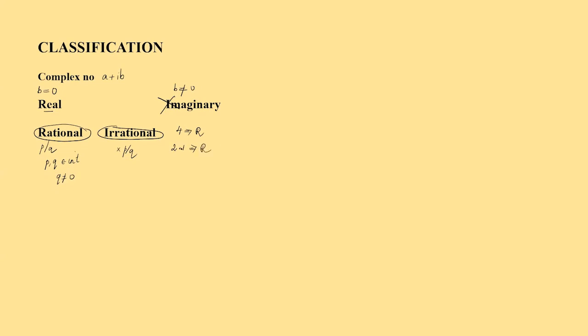If there are a finite number of decimals, you can divide by 10 to the power of that, and it will give you a rational number. So all finite decimal numbers are going to be rational.